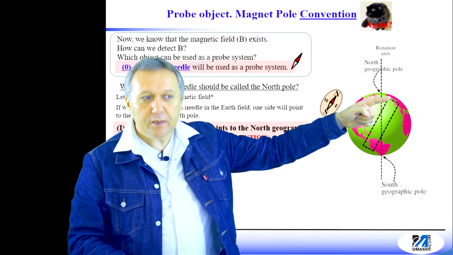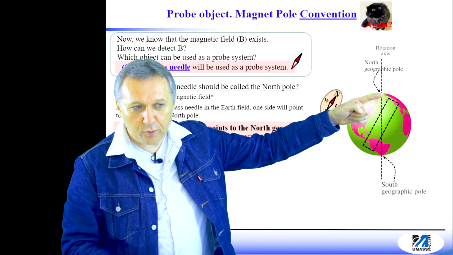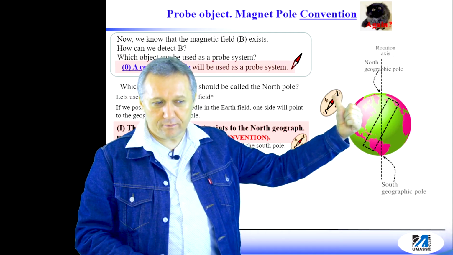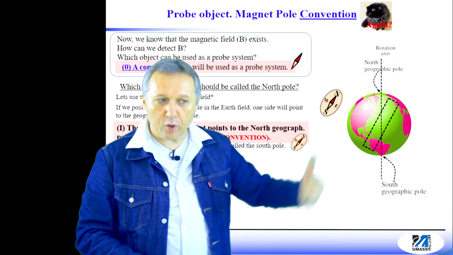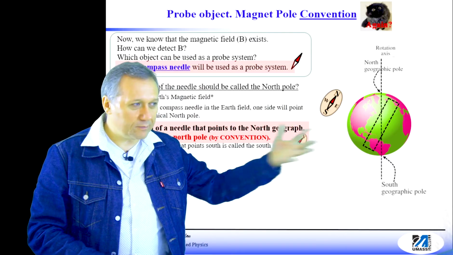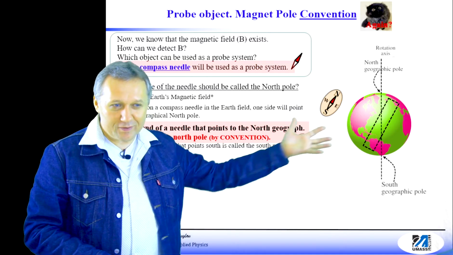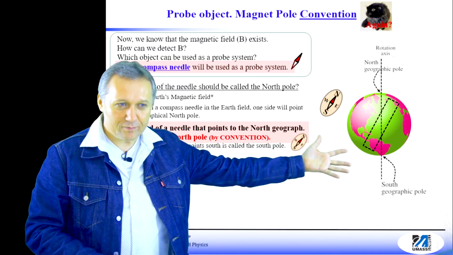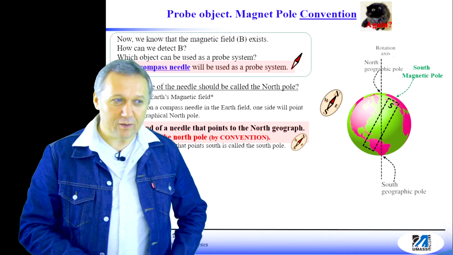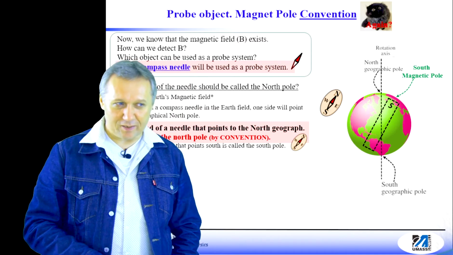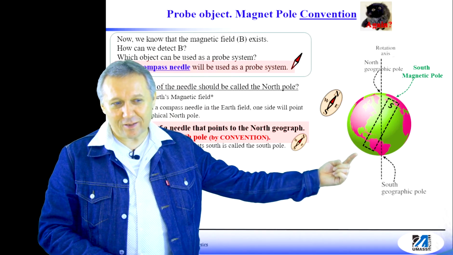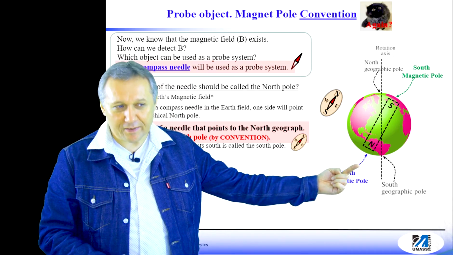Of course, this should be the south magnetic pole of the Earth, because this north pole of the compass needle is attracted to the opposite side of that permanent magnet, which is the Earth. So as a result, that side of this magnet is the south magnetic pole, right? And this side of the Earth is the north magnetic pole.